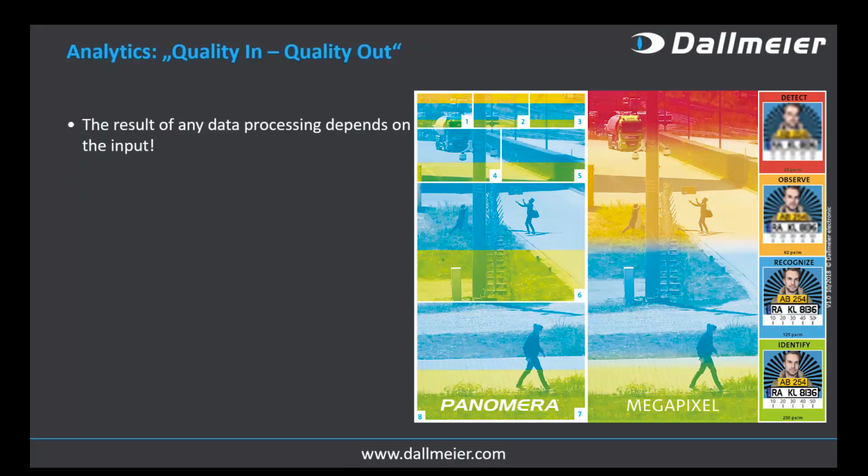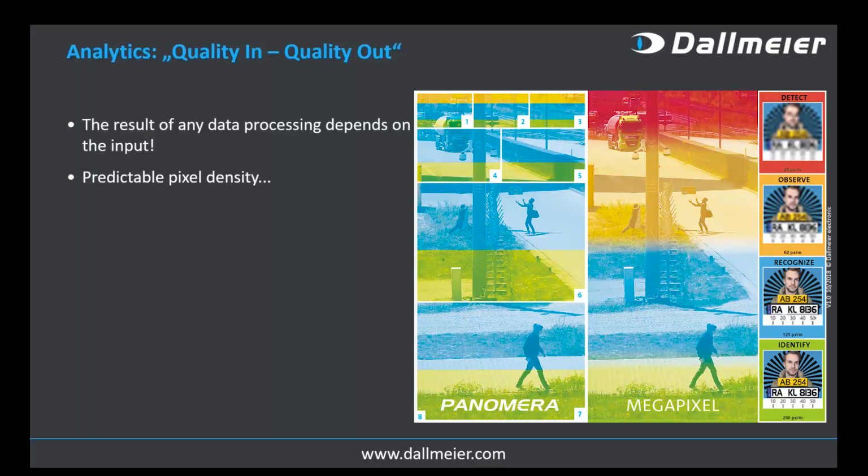There is a very basic theorem, coming from IT, database operations, programming, informatics, and so on, that basically says the output of a data processing system can only be as good as the input of data you put in there. So quality in means quality out, garbage in means garbage out.